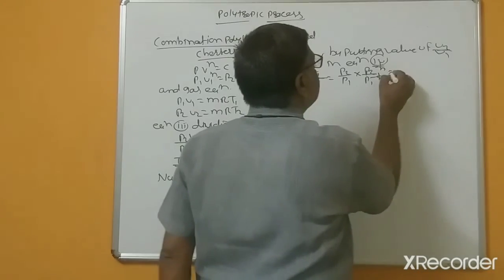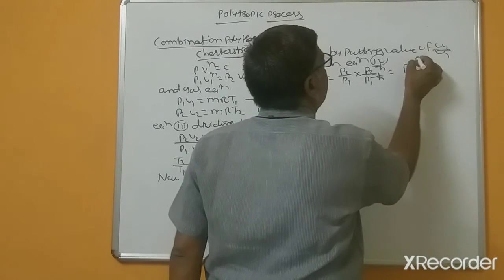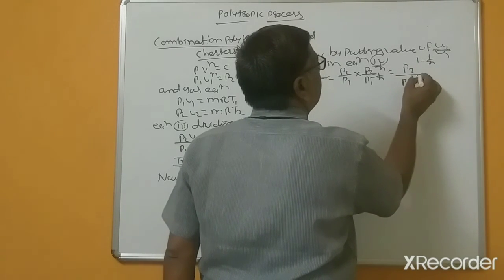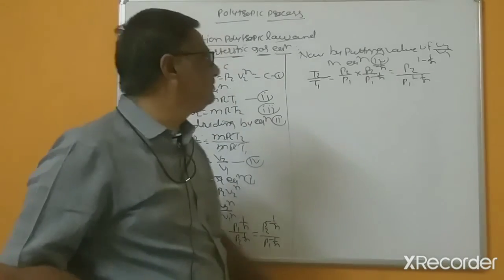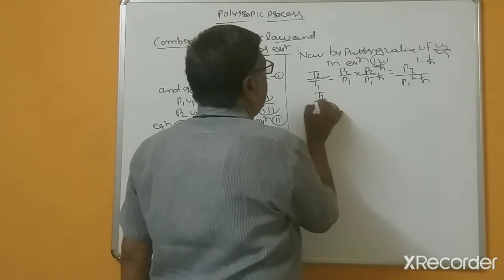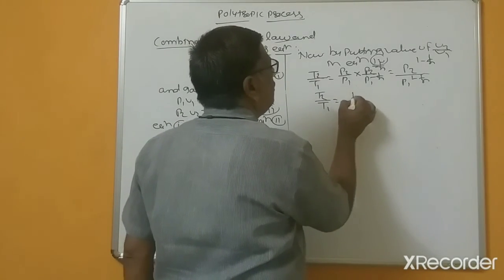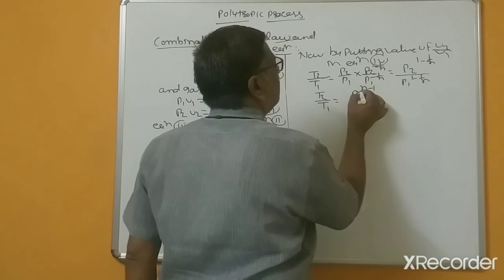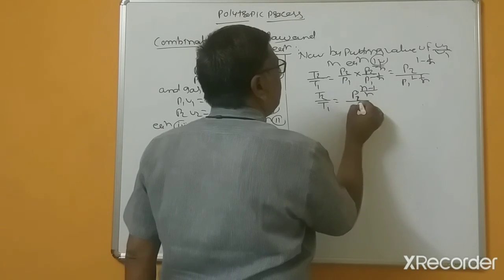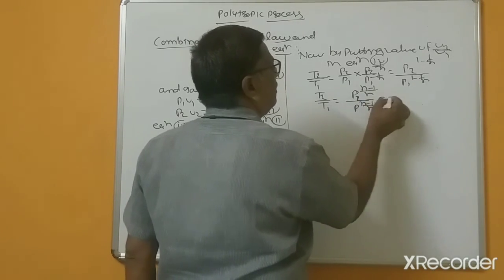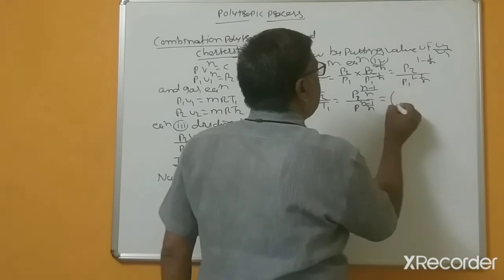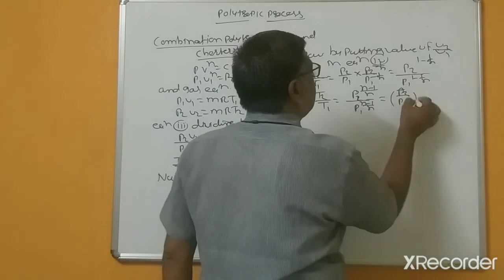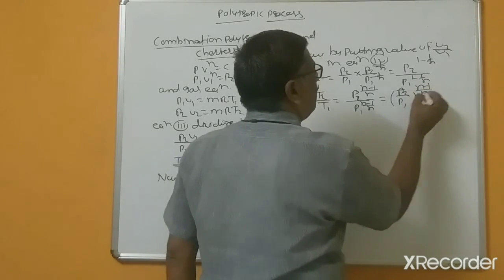Now by summation, adding the exponents, 1 minus 1 by n, and by taking LCM, T2 divided by T1 is equal to P2 divided by P1 raised to (n minus 1) divided by n.